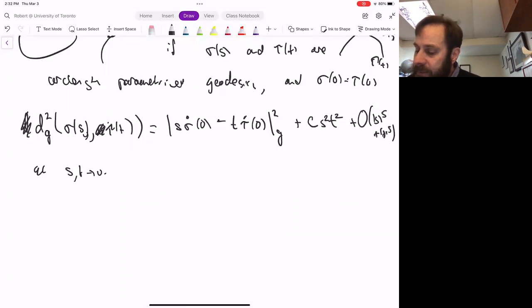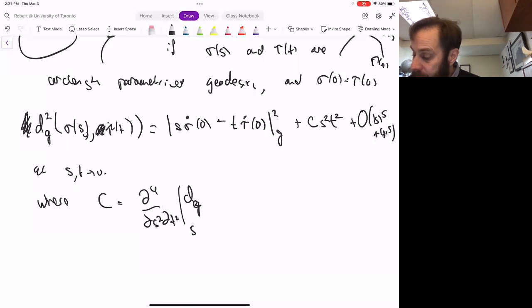And that constant is something like the fourth mixed derivative of this distance at s equals t equals 0, times probably 1 over 4 choose 2, so probably times 1/6.